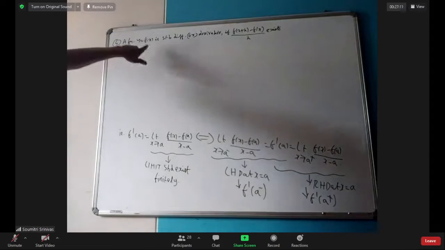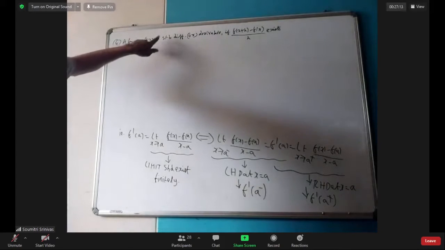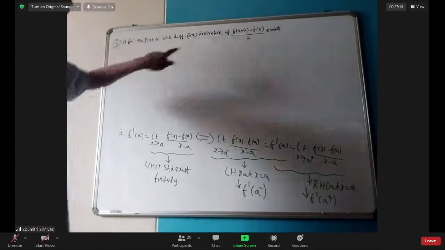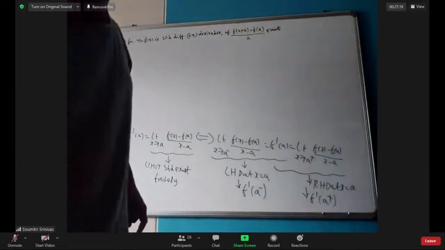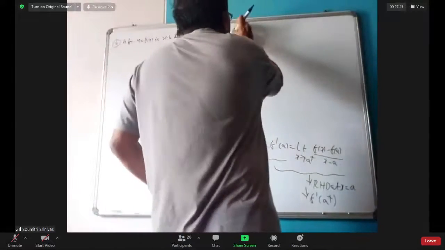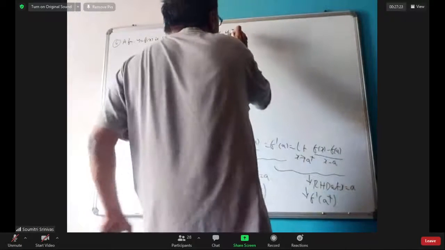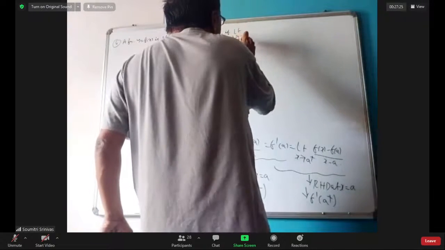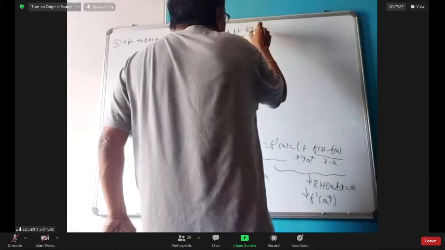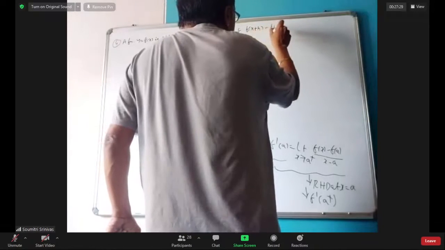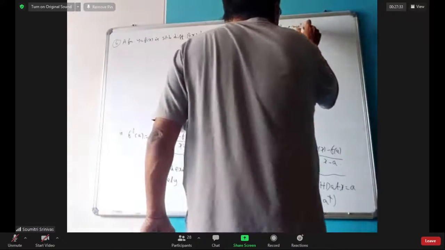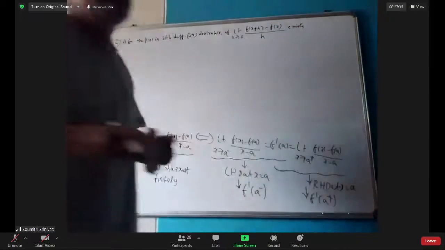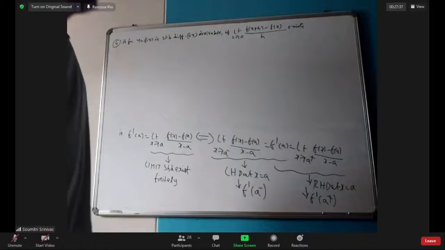Come back. A function y is equal to f of x is said to be differentiable or derivable if limit of f of x plus h minus f of x by h exists. What do you mean by this?